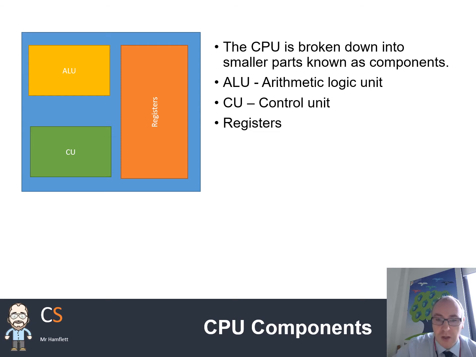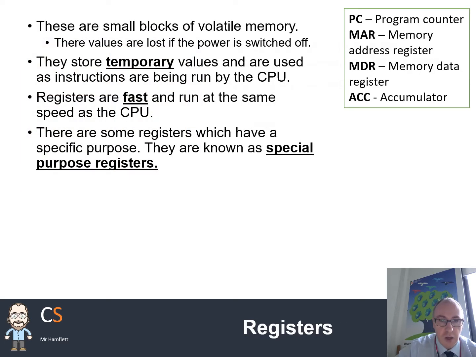So CPU components: there are three main parts you need to be aware of: the ALU, the CU, and registers. Let's dive straight into those. Registers are really important. These are temporary values which are stored inside the CPU. They're like little blocks of memory. These are really fast. They run at the same speed as the CPU.